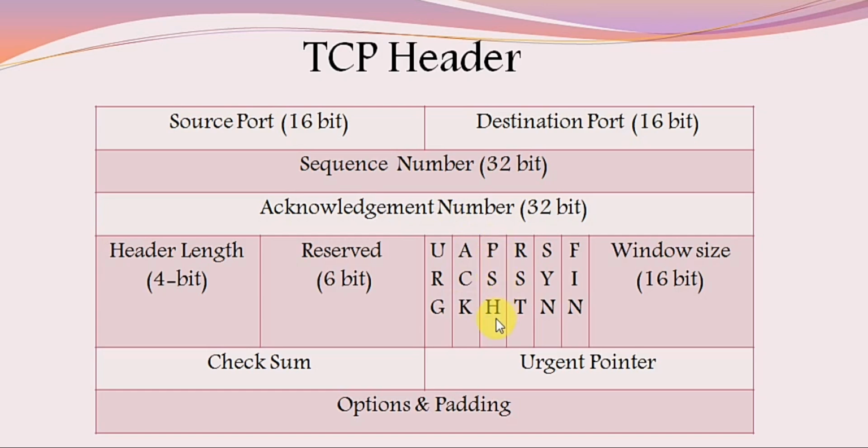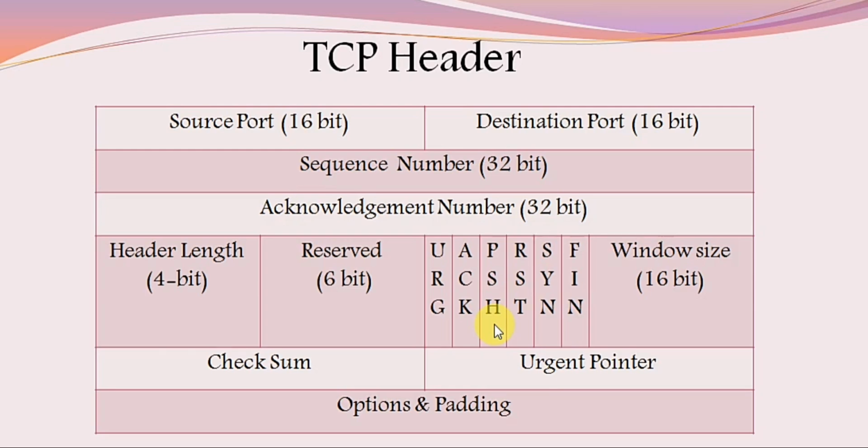Now what is the next flag? That is PSH. It is nothing but a push flag. In many applications, whenever single bytes are sent continuously by the sender, the receiver stores the data in its buffer and waits until its buffer is filled. After that only the receiver sends the data to the application layer.